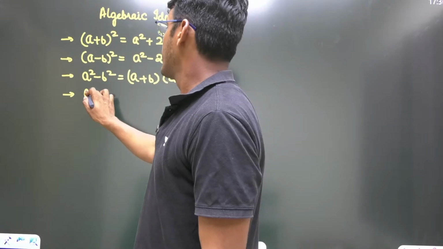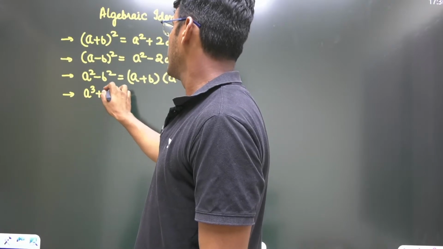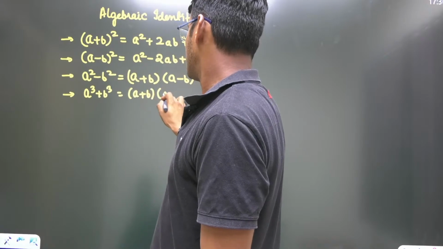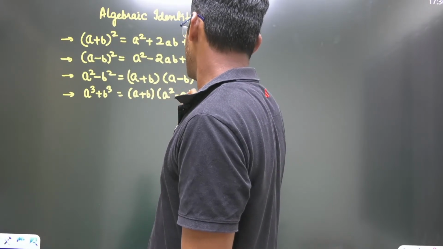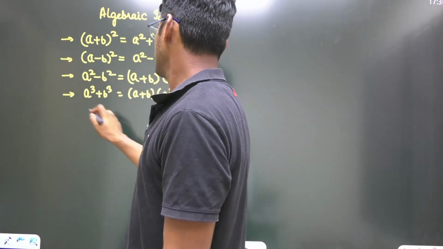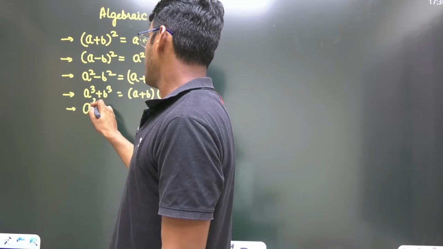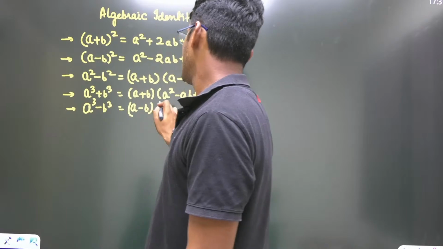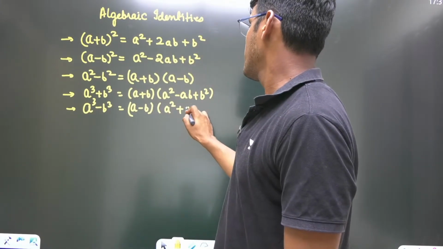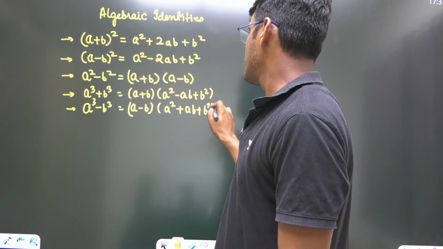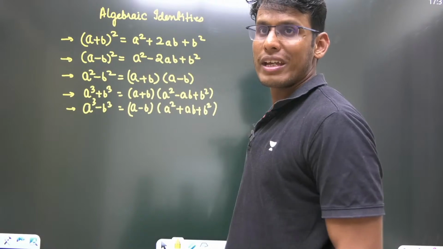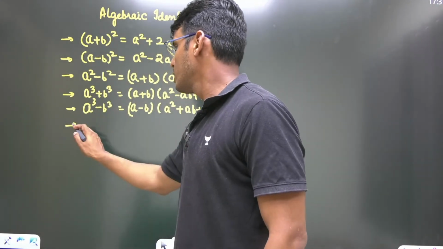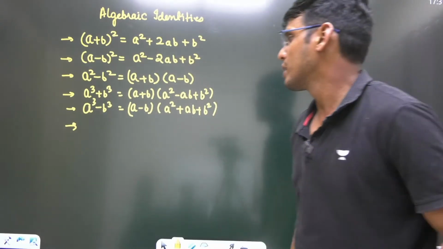Then a cube plus b cube is a plus b times a square minus ab plus b square. A cube minus b cube is a minus b times a square plus ab plus b square. I am writing all the algebraic identities so that we have everything on record.